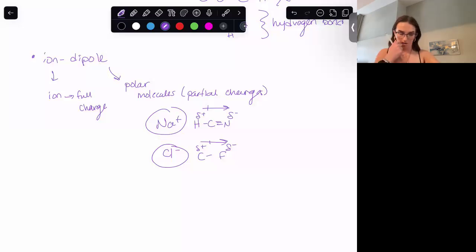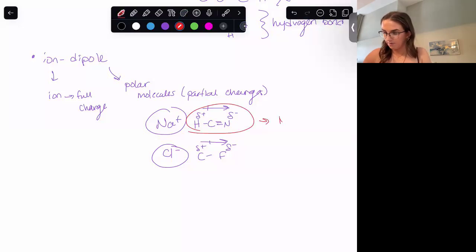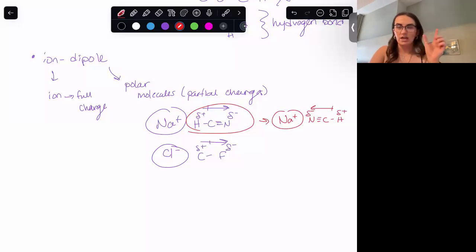And technically this would look like Na plus and NCH, because you want the ends of the dipoles to match up to your ion.